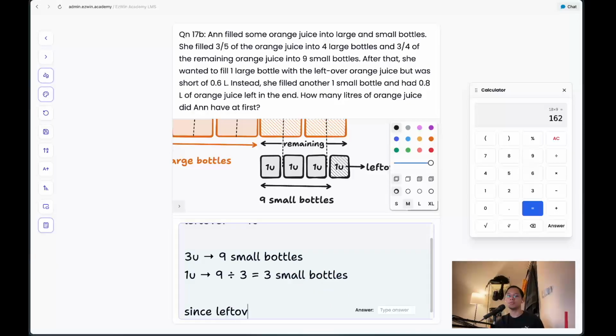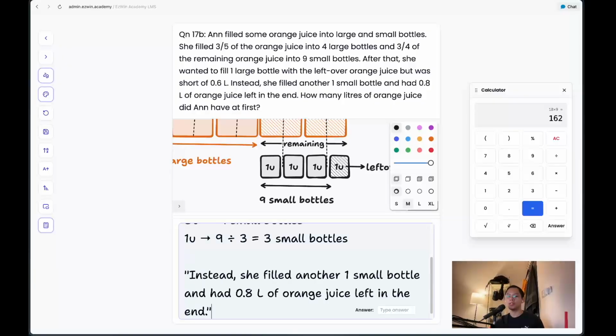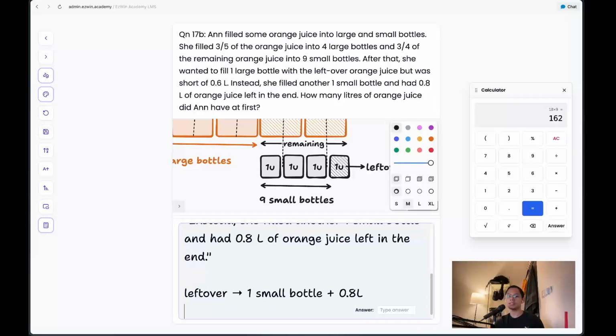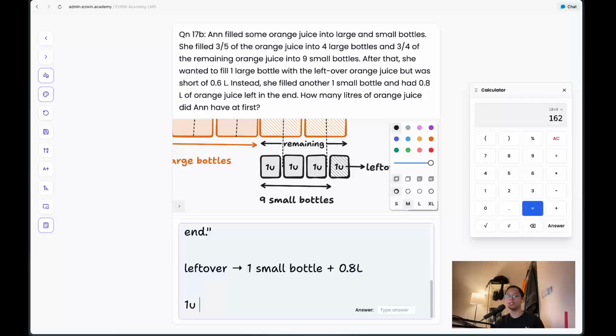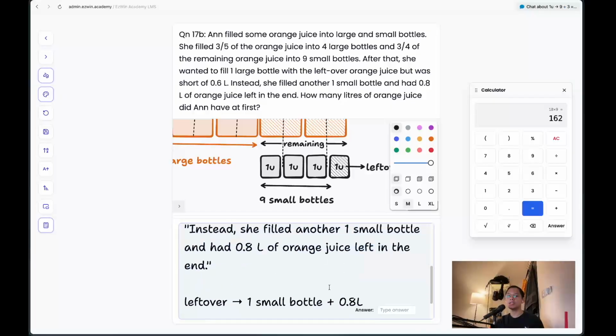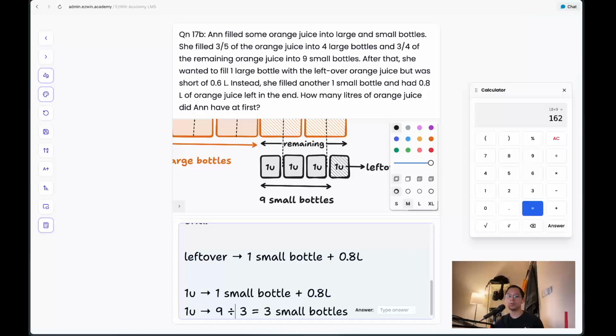Instead, she filled another 1 small bottle and had 0.8 liters of orange juice left in the end. So the leftover is basically 1 small bottle plus 0.8 liters. So 1 unit is equal to 1 small bottle plus 0.8 liters, and we also know that 1 unit is also 3 small bottles.